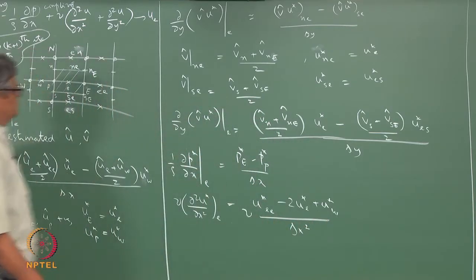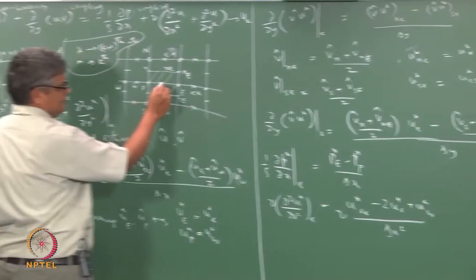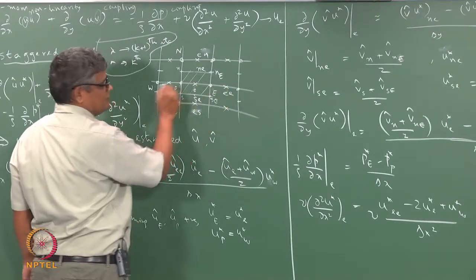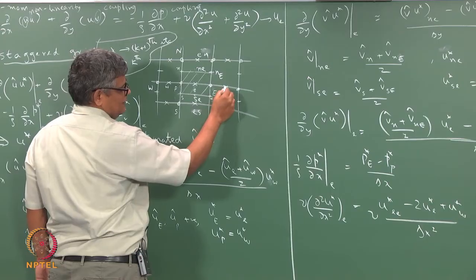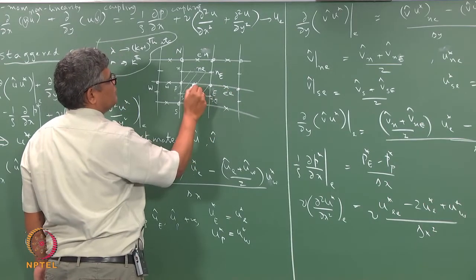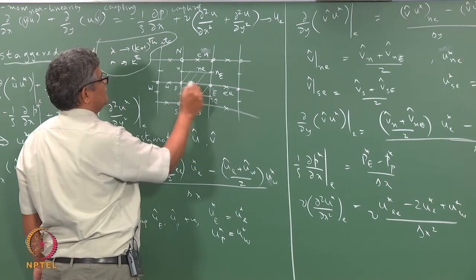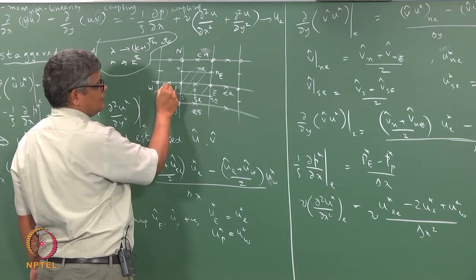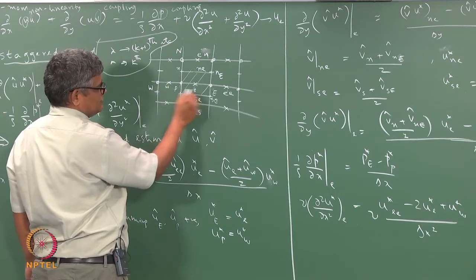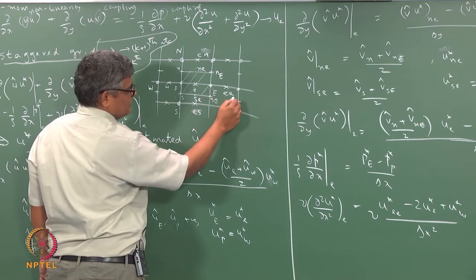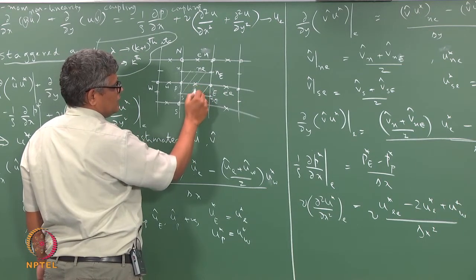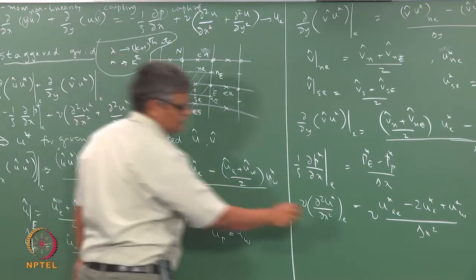So if this is I plus 1 and I minus 1, we take this as u at I plus 1 minus 2 u at I plus u at I minus 1. So that is u at double E minus 2 u at E plus u at W divided by delta x square.